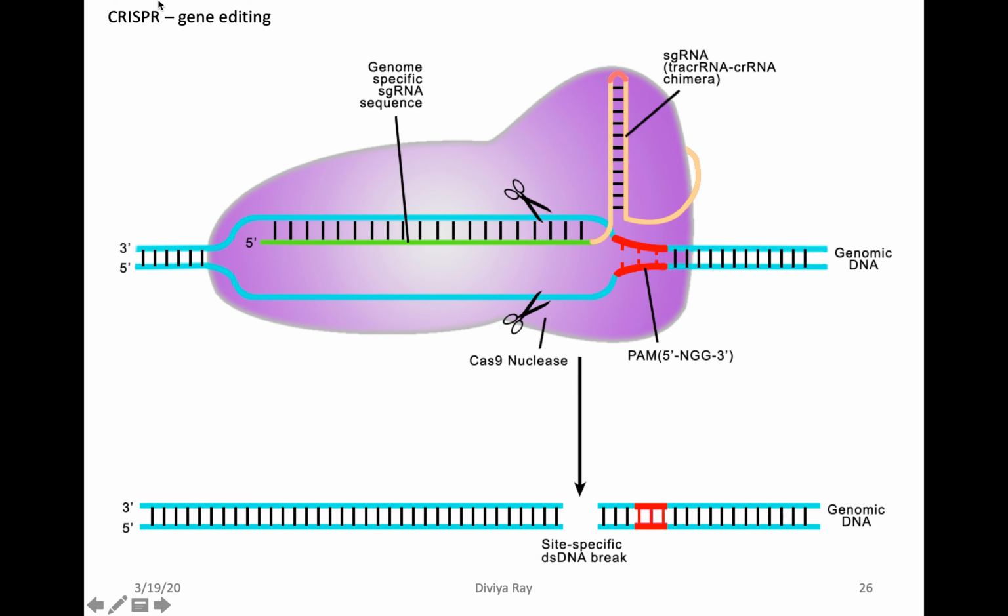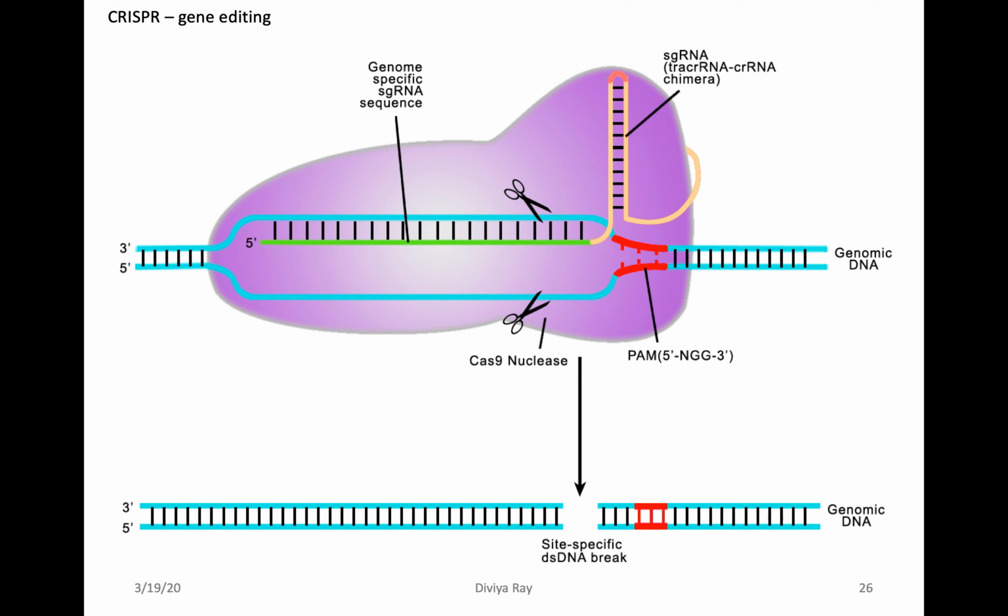This is a gene editing method which was originally found in bacteria, and the bacteria use it as a defense mechanism against viruses. But now we are exploiting it to edit other genomes. So here, the first step is you come up with a guide RNA, which is shown in green.